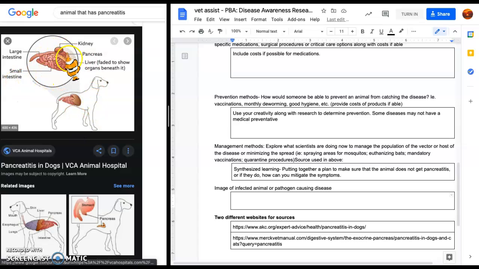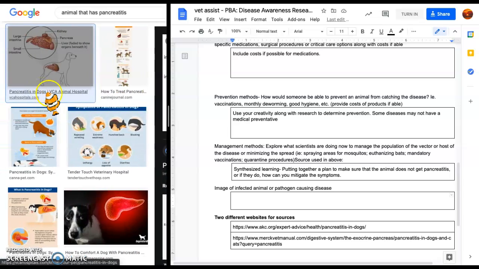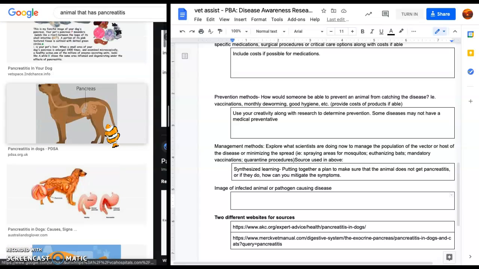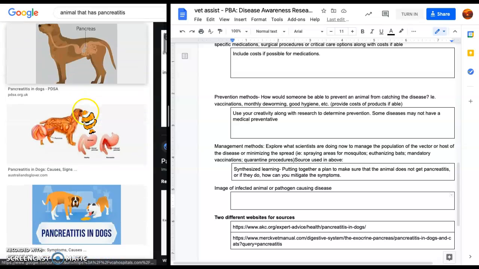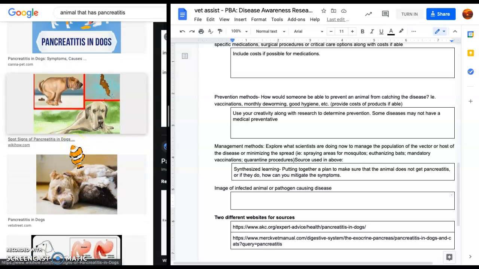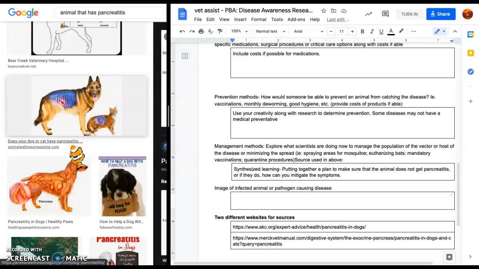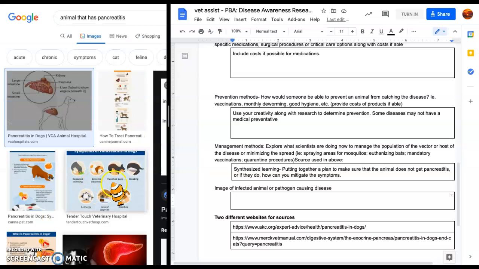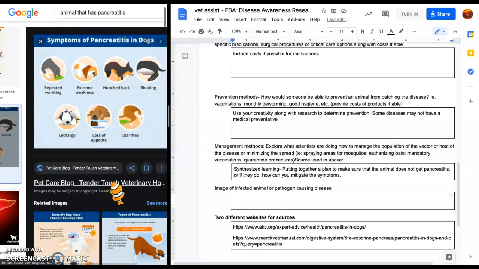Here's at least where it's at. So I could use that image. I could also see what else is going on. That keeps looking at the location. So that would be fine to use for your picture, because it's giving you a location of it, because there is no actual pathogen that you could use.